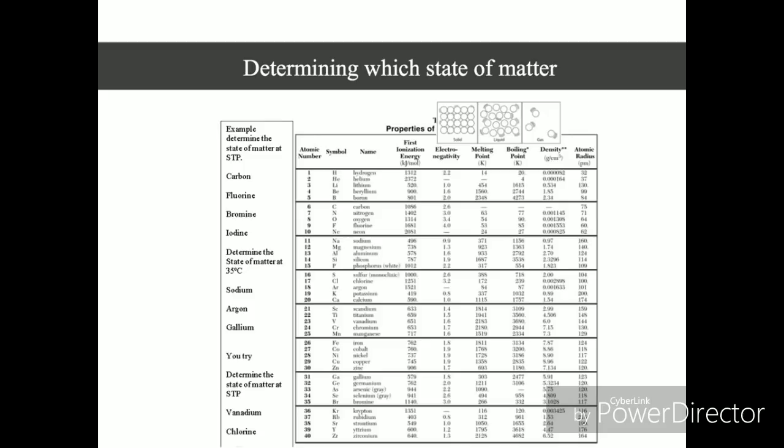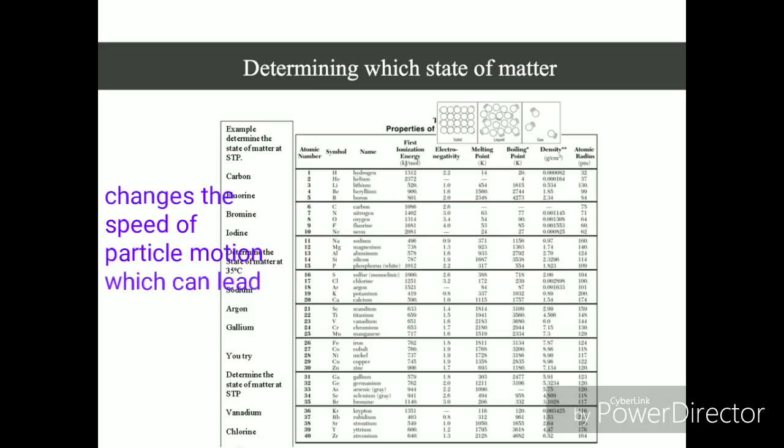As I'm sure you know, as you change the temperature of a substance, you can alter its state of matter. So, at room temperature, water is a liquid. If we decrease the temperature enough, and we take it to 0 degrees Celsius, we can freeze water. Or if we raise the temperature enough to 100 degrees Celsius, we can boil the water and turn it to a gas.